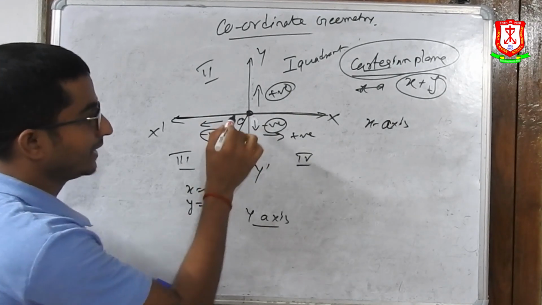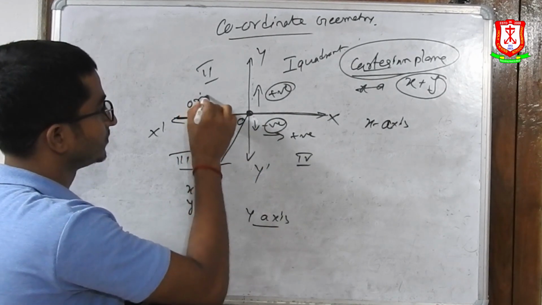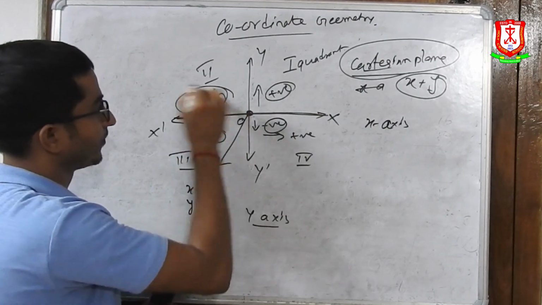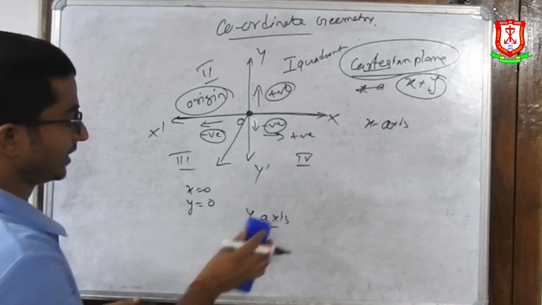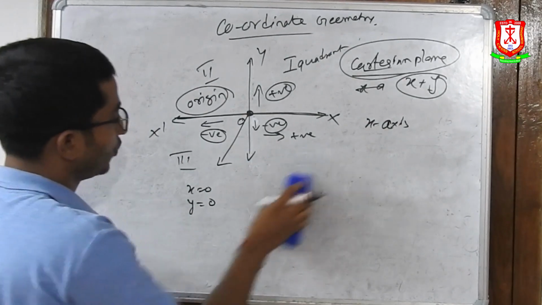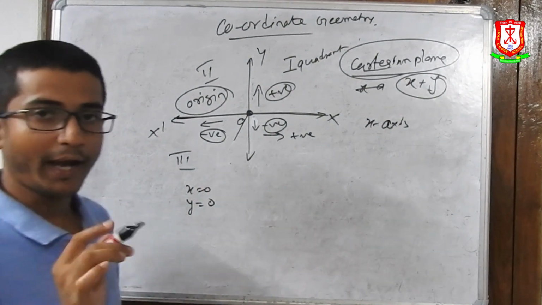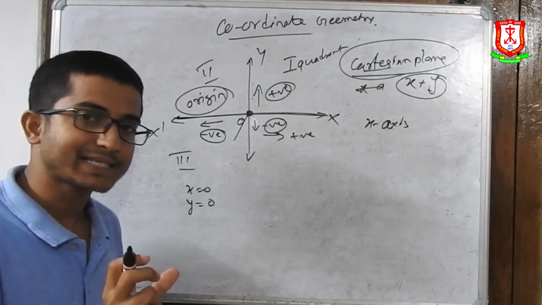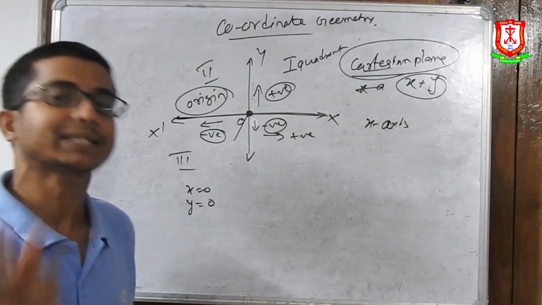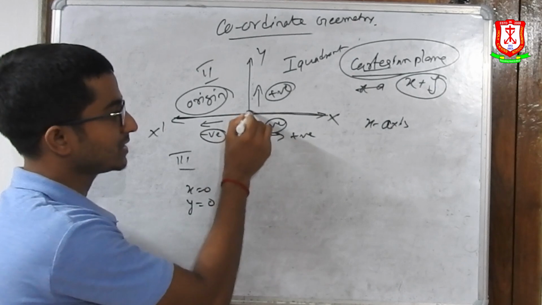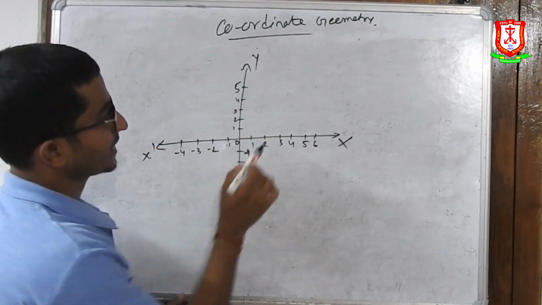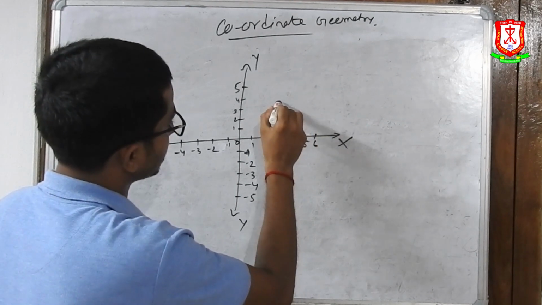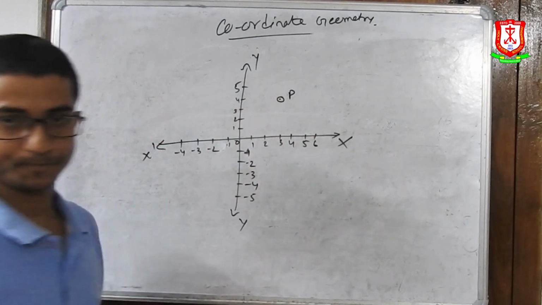This point is called the origin. We can say that the point where both the x-axis and y-axis intersect each other is called the origin.